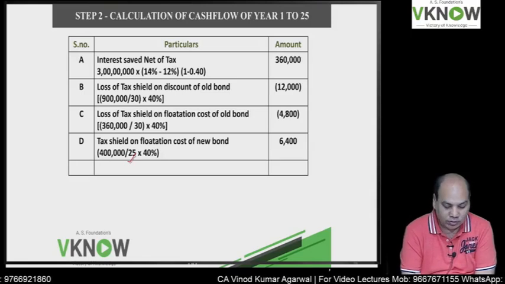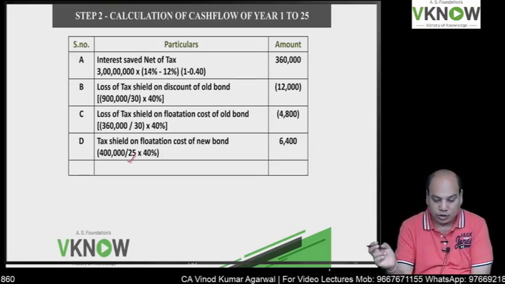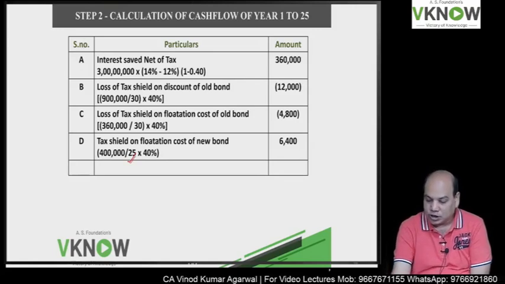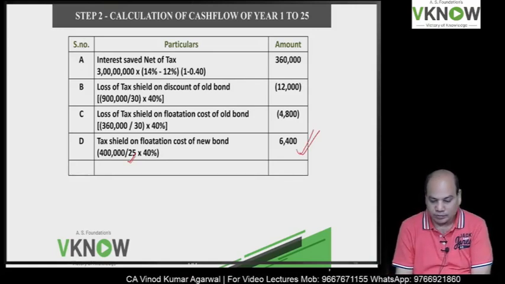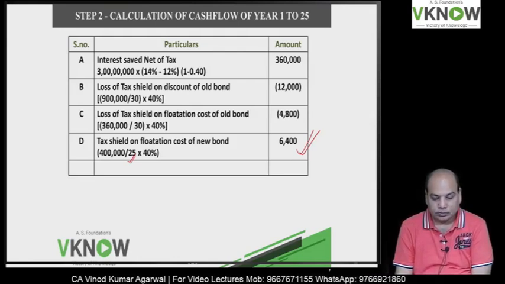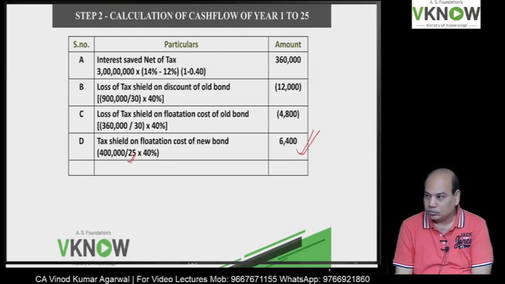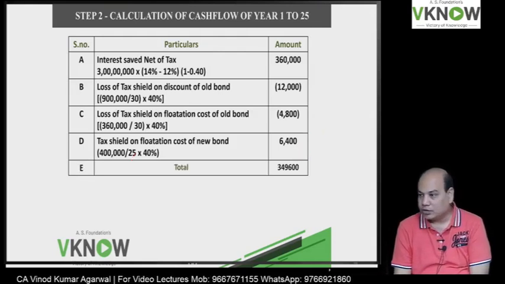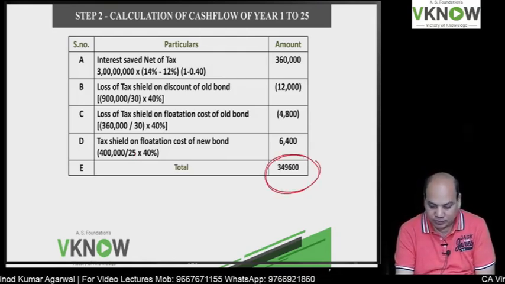Your query is resolved. Why have we taken 25? The new bond has a 25 year life, into 40%. So this is our benefit, a positive number. Tell me the total of this amount column. 349,600. So this is my per annum benefit.